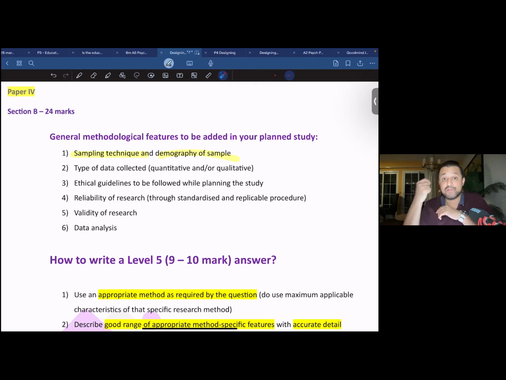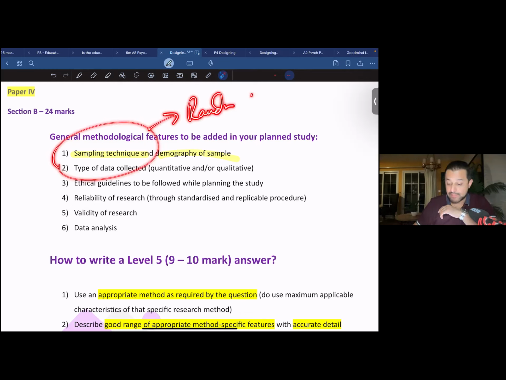Remind yourself that a random sample is a random sample only when every individual in the target population gets the same opportunity of being chosen as a sample, right? So you are able to use random sampling when you have a sampling frame. Now, what is a sampling frame?